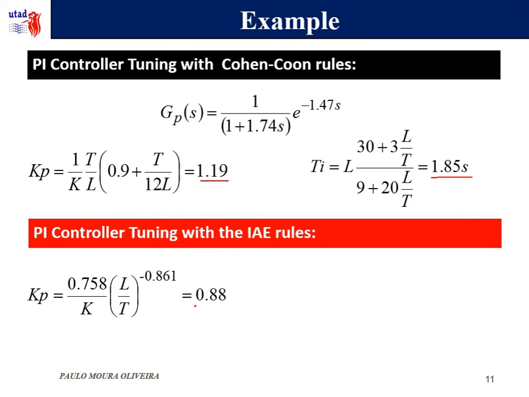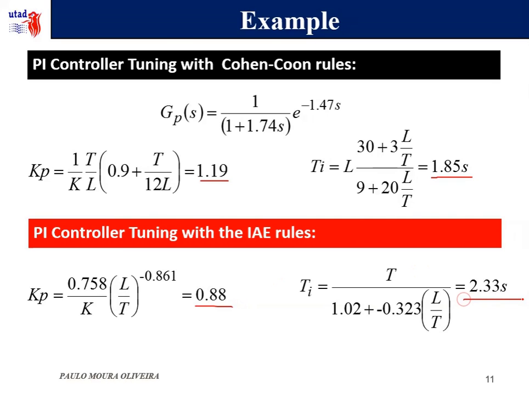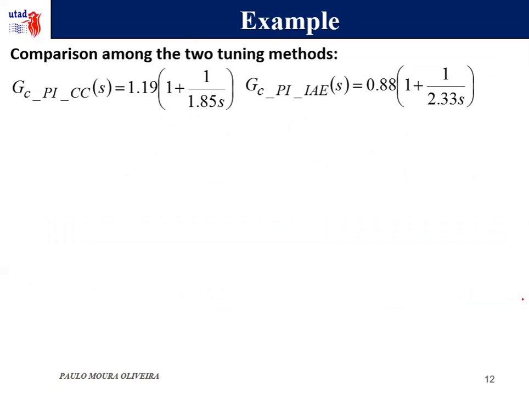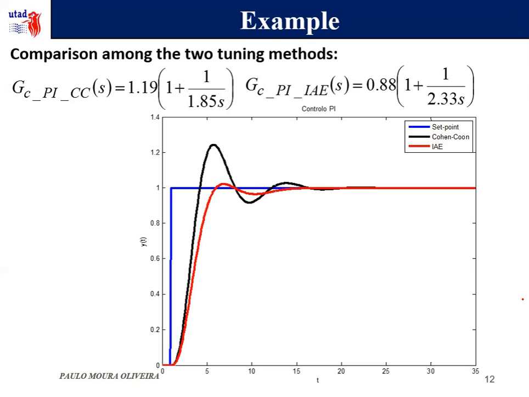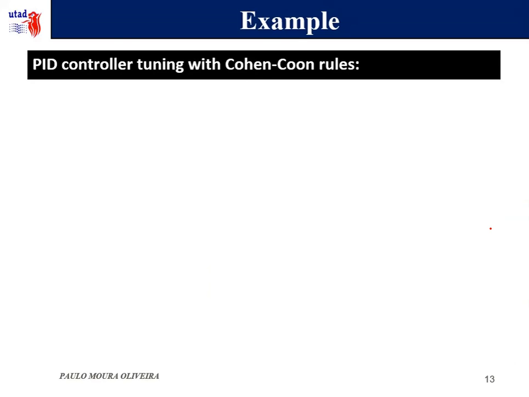The KP in this case is this one, and the TI is this one. Comparing the two tuning methods using a step response, in red we have the IAE results and in black the Cohen-Coon. We can see that the IAE has a better response than the Cohen-Coon.